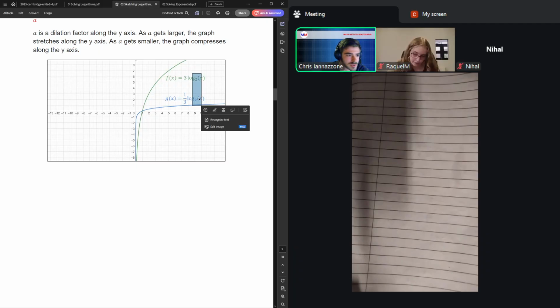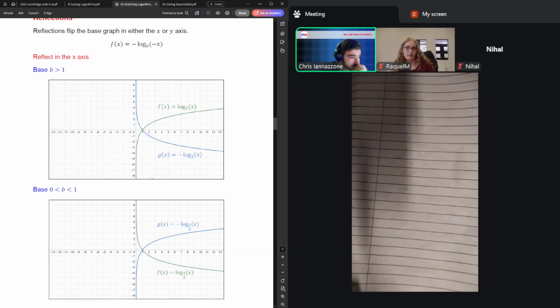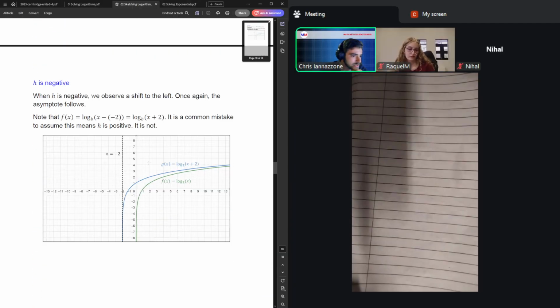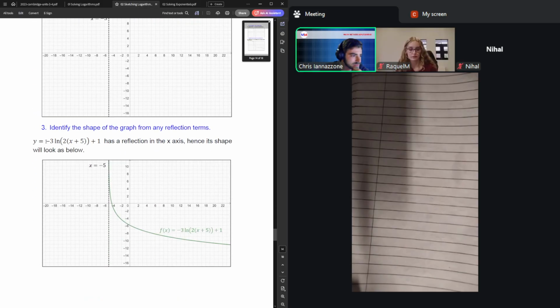Any base greater than 1 will start from the bottom and go to the top right. That's what it starts out as. We did have a negative sign in ours. We had a negative at the front, which is always a flip in the x, right? And so instead of going up and right, it's now going down and right instead. It's flipped in the x.